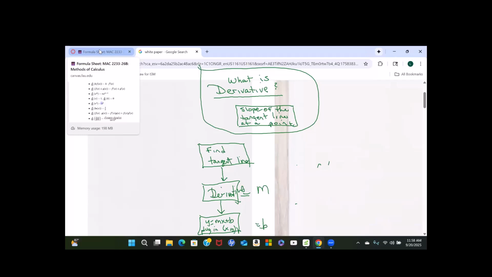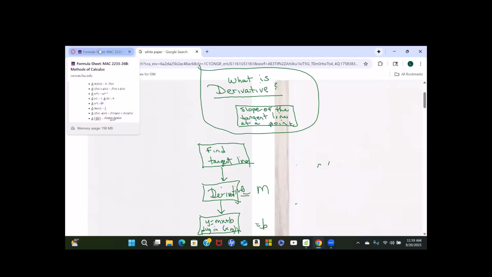Sometimes you'll just be asked to take the derivative. And then they won't give you a point, and the derivative of x squared is 2x. Period, end of story. If they say, what's the equation of the tangent line at the point 3, 9, now you have to plug in 3 for x. 2 times x, where x was 3, is 6.